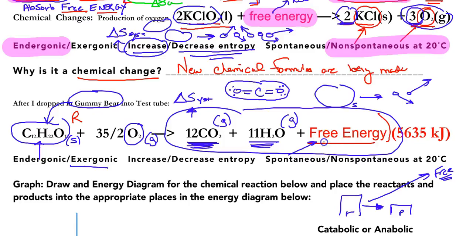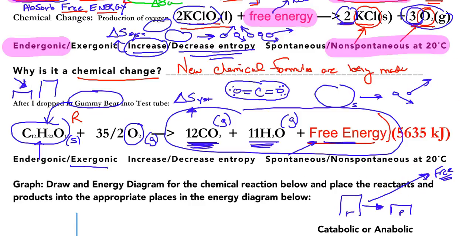So you see the free energy here. It means that it's being liberated from the original reactant. The ones above, endergonic, you're starting with low free energy and going to a system of high, and the only reason that works is because free energy is going in, whereas here free energy is leaving.